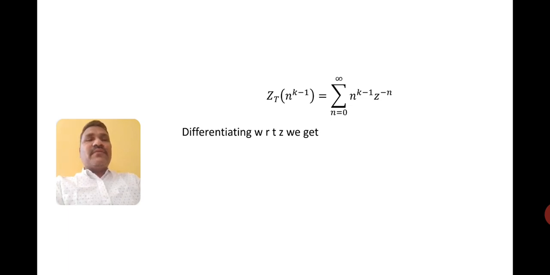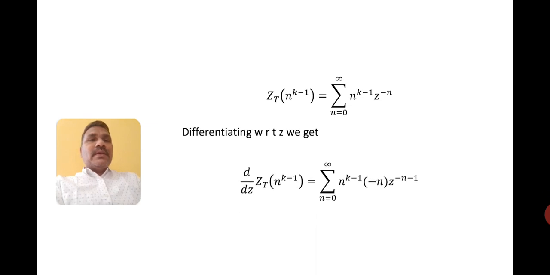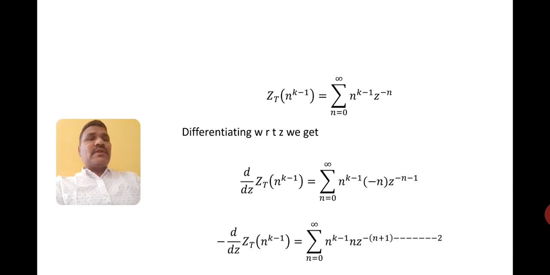So if you do the differentiation with respect to z, we will get d by dz of the z transform of n to the power k minus 1, equal to summation n runs from 0 to infinity, n to the power k minus 1. You are differentiating with respect to z, so what you will get is minus n z to the power minus n minus 1.